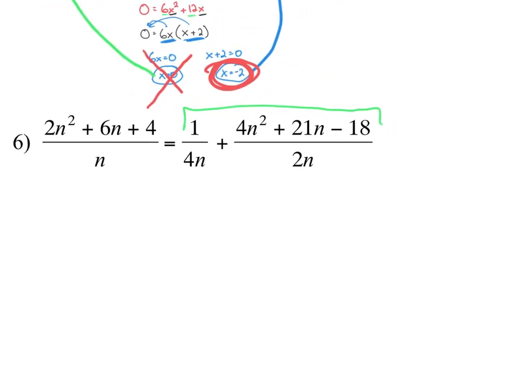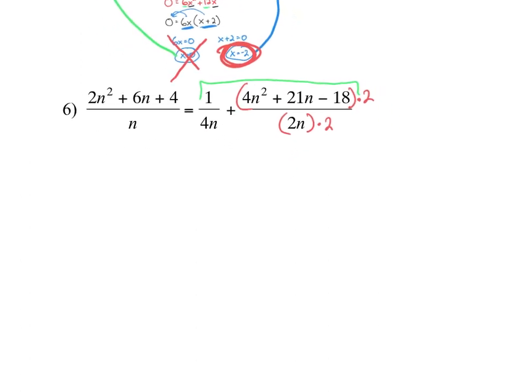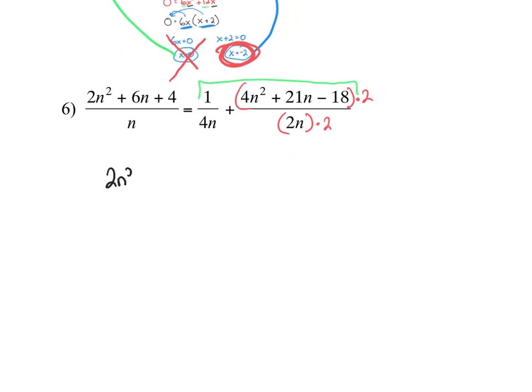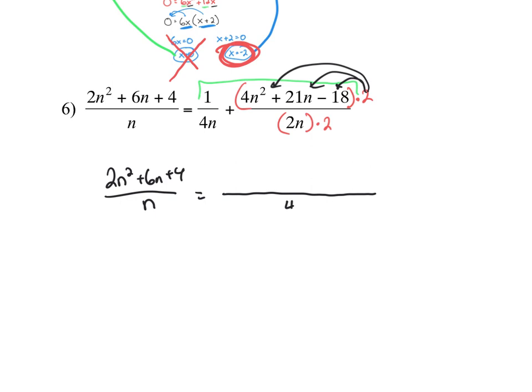So if I was going to do that, it looks like I just need to multiply this by 2. That means the top group would also have to be multiplied by 2. And so then I'm going to do 2n squared plus 6n plus 4 over n. So that's what's on the left side. On the right side, now I'll distribute this across this whole thing. But it's going to be a lot of junk over 4n.